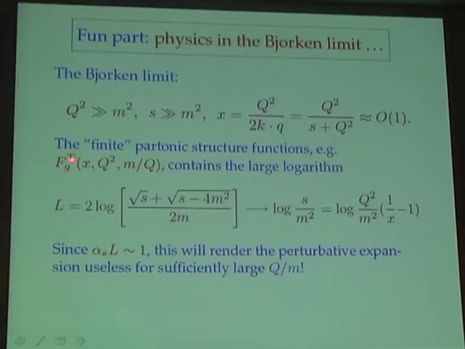What we are calculating here, the result I gave you, of course, is the partonic structure function. It's not the real hadronic structure function. We don't know how to calculate the structure function on the proton. So what I'm calculating is the structure function of basically a gluon initial state, right? From the diagram. And that has this logarithm factor. In the Bjorken limit, it goes like the logarithm of q squared over m squared, which becomes very large, times this factor of order 1.